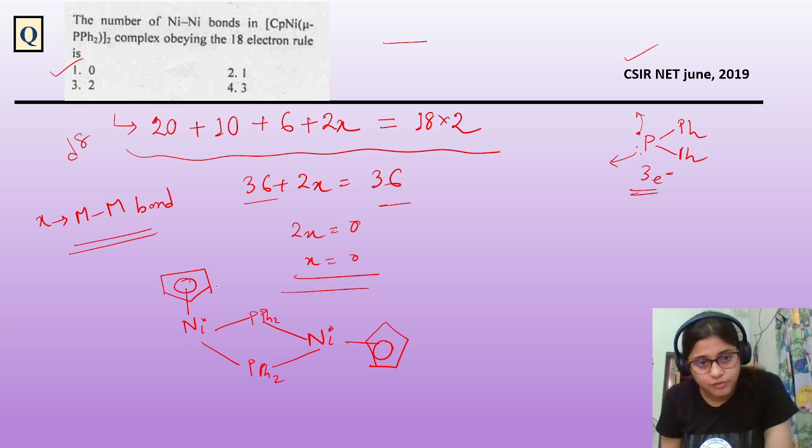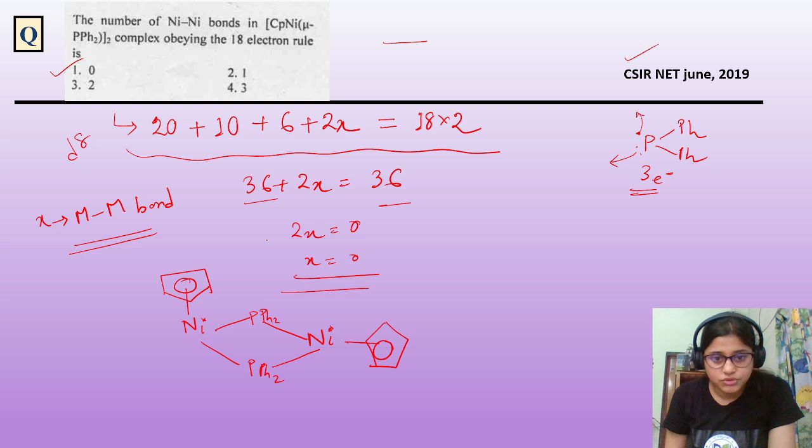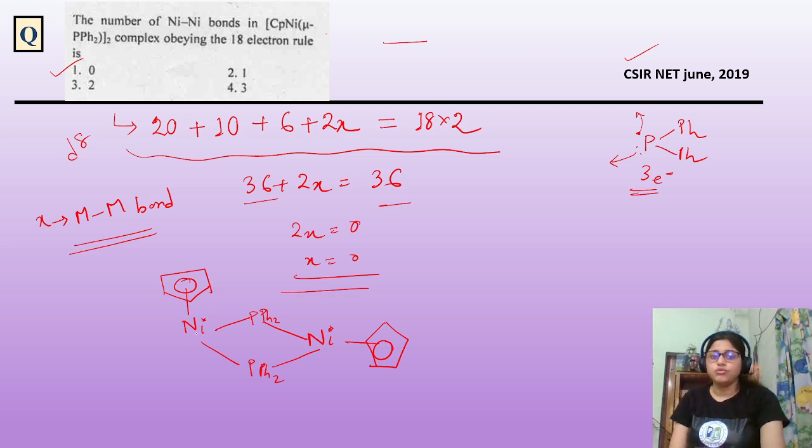This will be the overall structure: 2 Cp, 2 Ni, and 2 μ-PPh2. μ-PPh2 means bridging. This kind of structure will be there, and there will be no metal-metal bond.